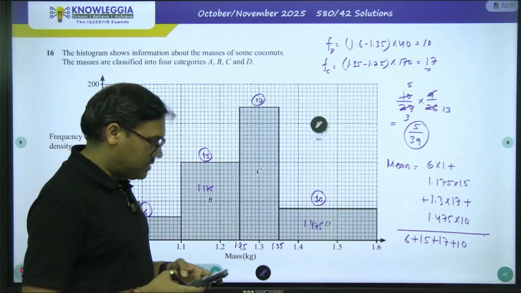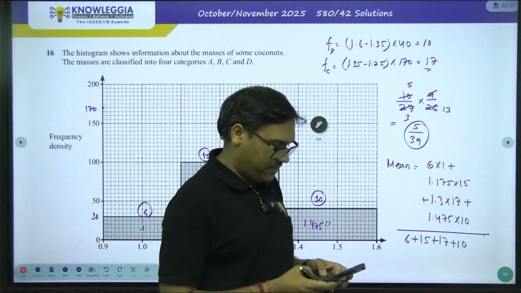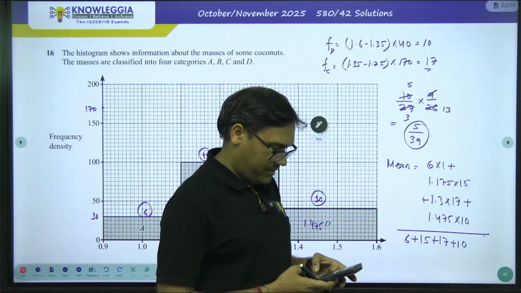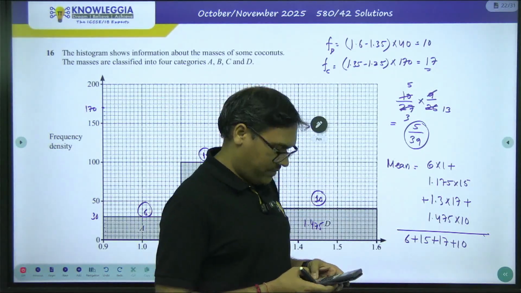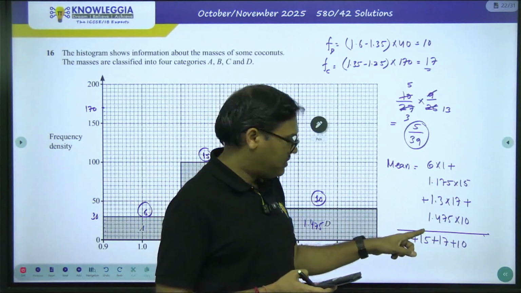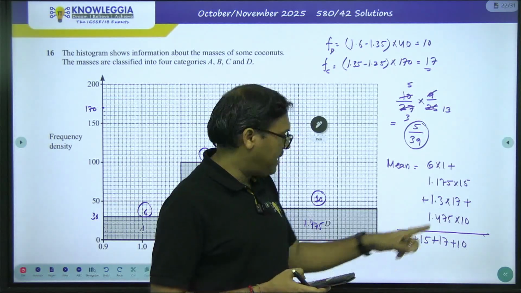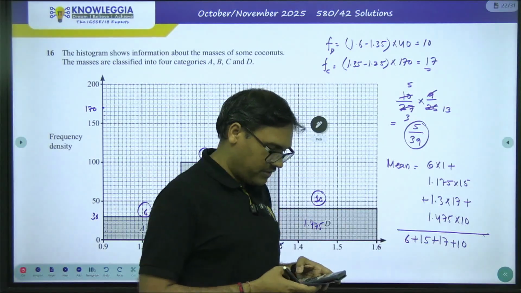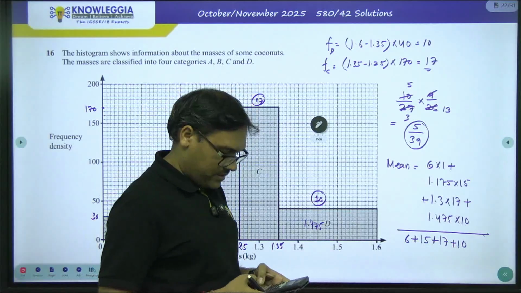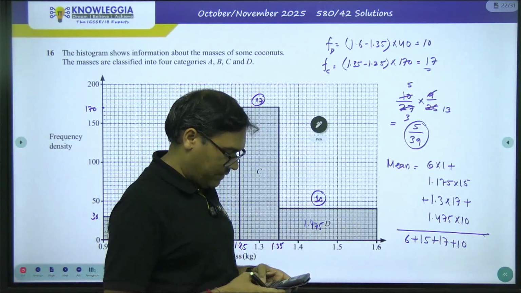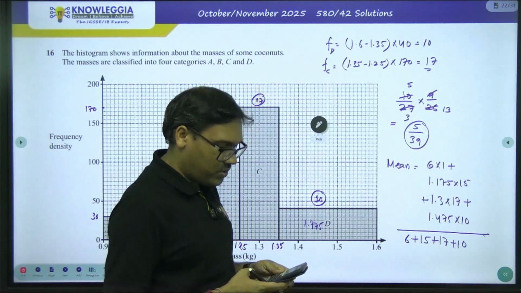This is 6 into 1 plus 1.175 multiplied with 15 plus 1.3 multiplied with 17 plus 1.475 multiplied with 10, divided by the sum of all the frequencies, 6 plus 15 plus 17 plus 10, which is equal to 1.25.